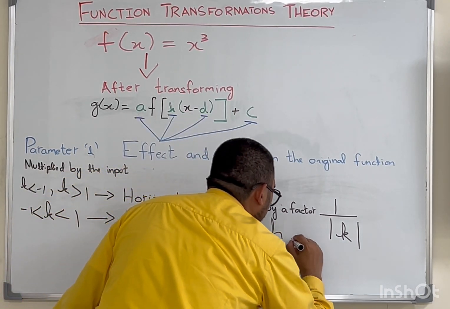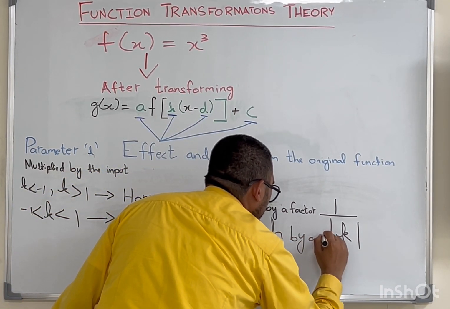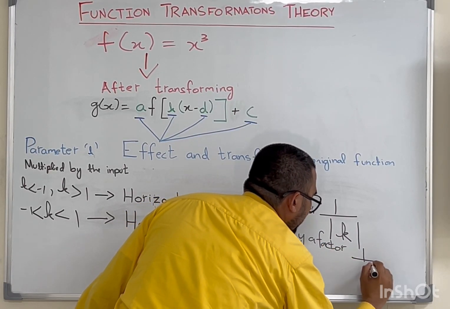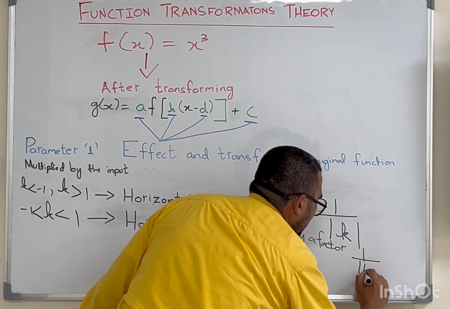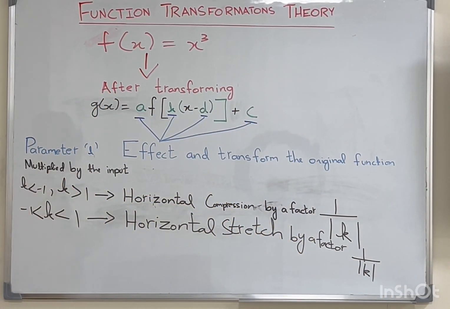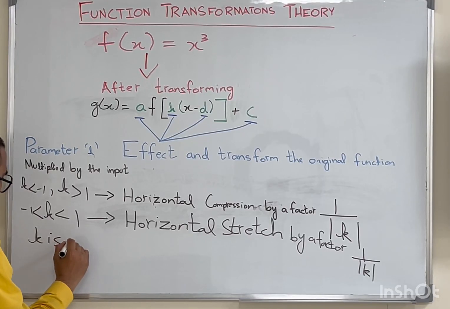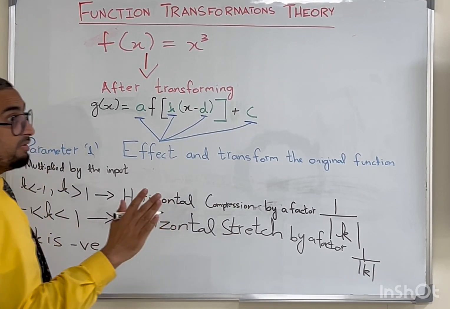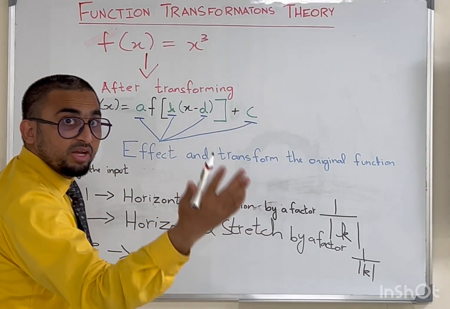Again, by factor 1 over absolute value of K. Okay, and then the last scenario is when K is negative. Okay, this time we will have a horizontal reflection.